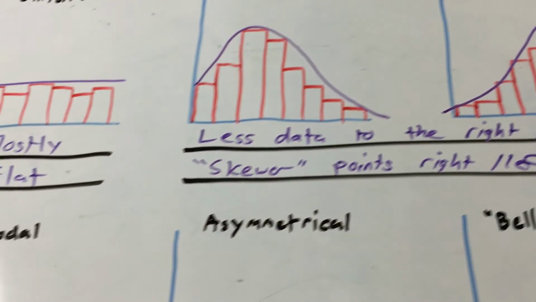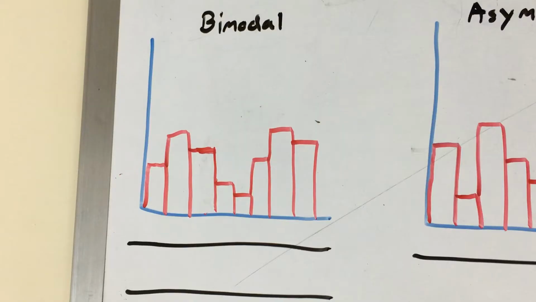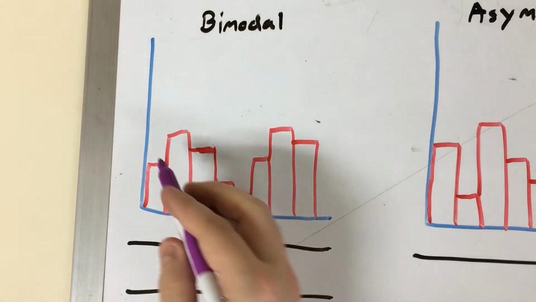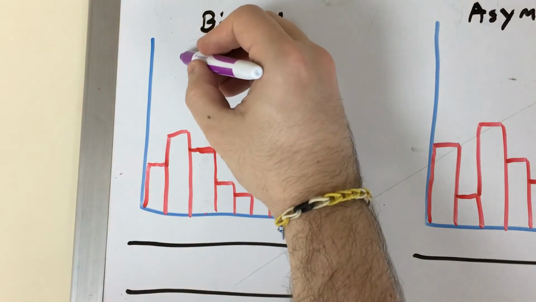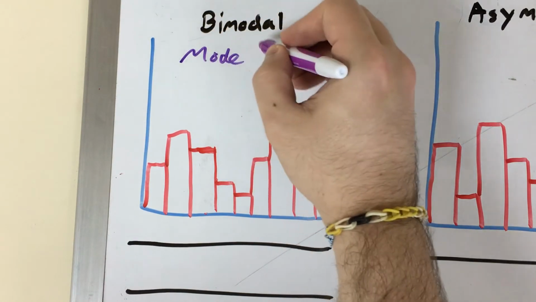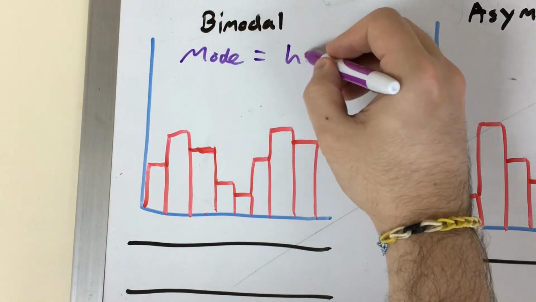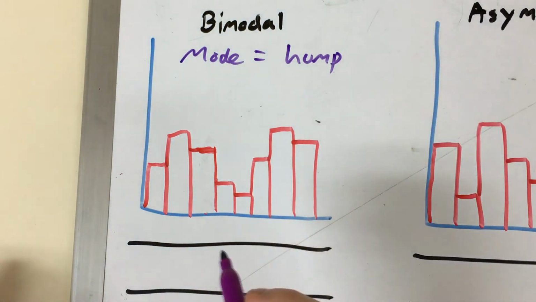Alright, so next type of distribution we call bimodal. Now I do want to point out that if you were dealing with regular statistics, then a mode would just be a single number that showed up more often than any other number. In this kind of distribution, we think of a mode as basically a hump.